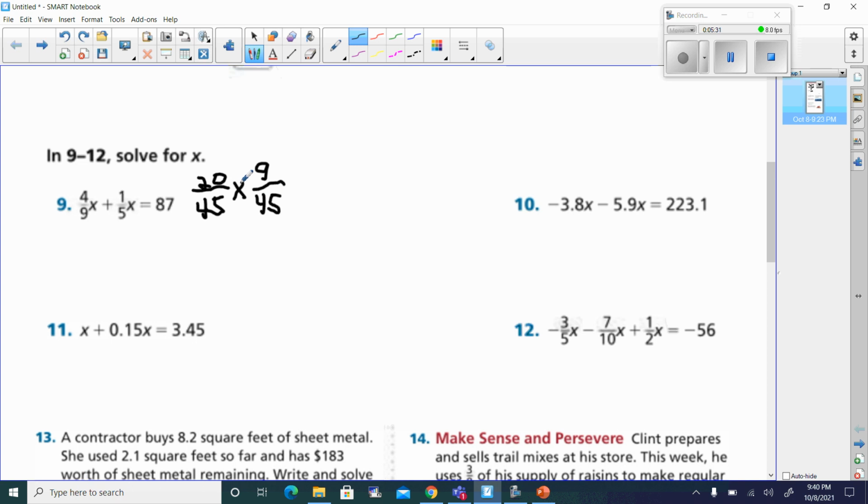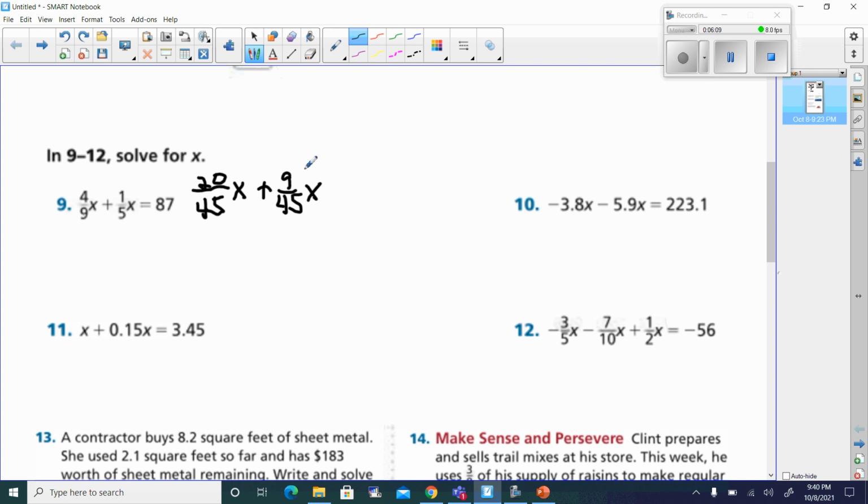Sorry, this is a multiplication symbol. Oh no, that's x, I'm sorry. This should be plus here. Sorry, this is looking really messy. I'm going to rewrite this so it isn't confusing. Plus 9 over 45x, my apologies. Now we've got 20 plus 9.